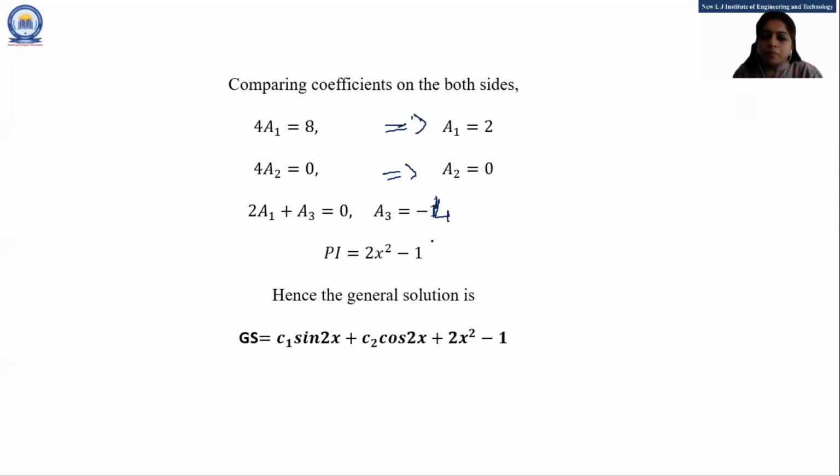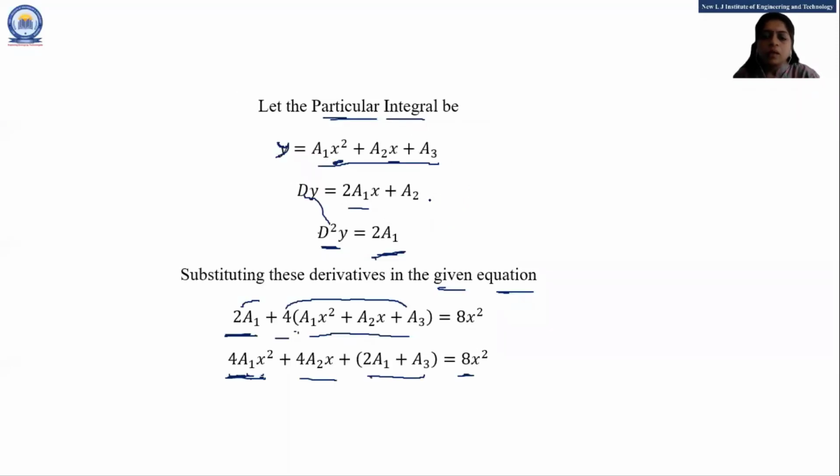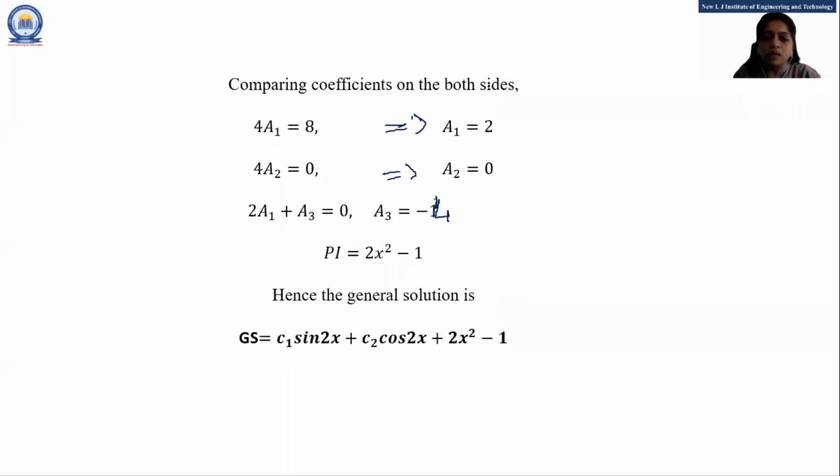So if I substitute these values a1, a2 and a3 in this particular integral, then the value of a1 is 2, a2 is 0 and a3 is minus 4. So this is 2x square minus 4. This is my final particular integral.